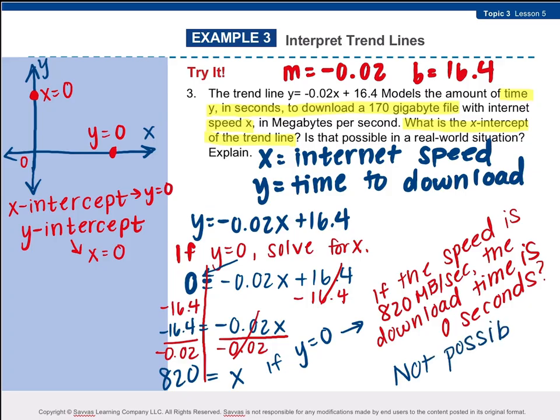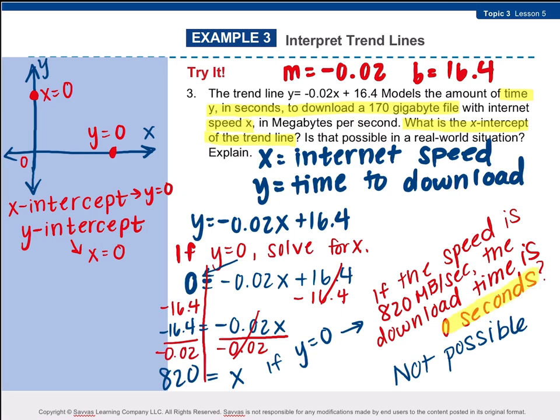So if I have a super, super fast internet speed, I'm sure that it's getting closer and closer to 0. But is the download time ever going to actually be 0? I can't really just download a file instantly, right, with no seconds at all. Maybe it'll be 0.0001 seconds, but I can't download something instantly, no matter how fast my internet speed probably is.